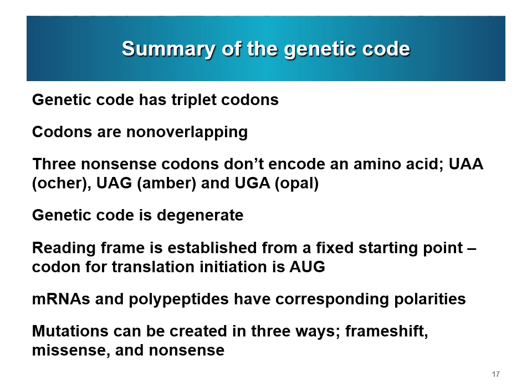The reading frame is established from a fixed starting point, which is called the origin of the reading frame. The codon for translation initiation is AUG in the case of RNA and ATG in the case of DNA. Messenger RNAs and polypeptides have corresponding polarities, and mutations can be created in 3 ways: frame shift, missense, and nonsense.